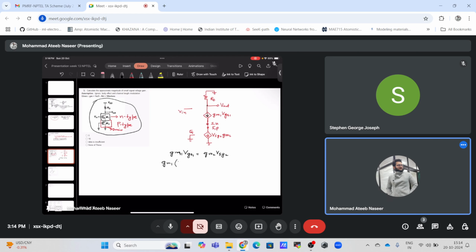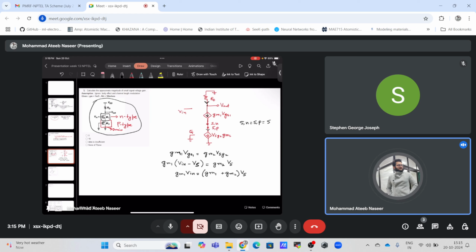VGS1 is simply Vin minus Vs. Let's say S of N is equal to S of P, simply S, so it is Vs. So it is simply gm1 Vin equal to gm1 plus gm2 times Vs. Also, the current flowing through this resistor is simply equal to the current flowing over here.